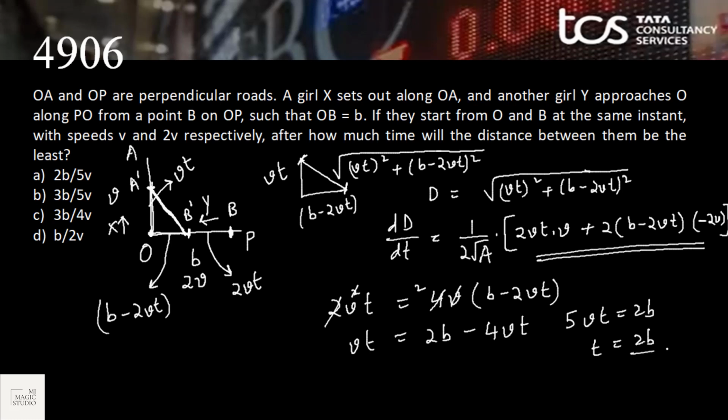So t is equal to 2B by 5v. When t is equal to 2B by 5v, the first order derivative is 0, and no need to check the second order derivative, whether it would be positive or negative, it will come positive, no problem. t equals 2B by 5v, that is option A.